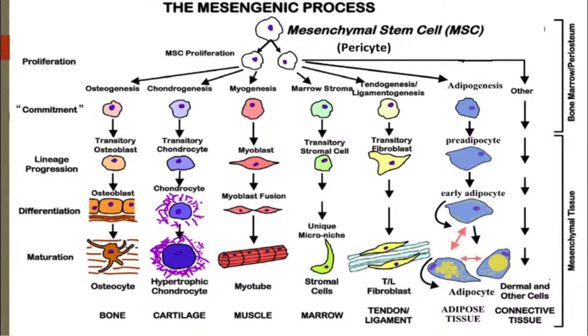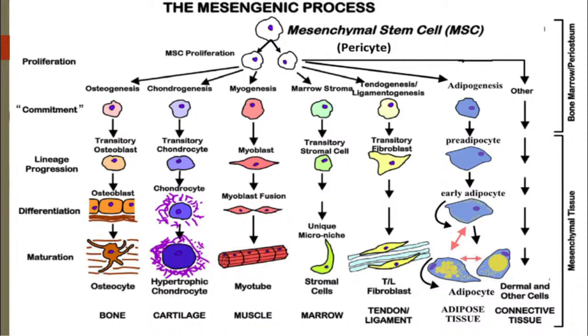Sometimes for tendon it is named tendinocytes. Adipogenesis, the formation of fatty tissue. Here we see the pre-adipocyte, early adipocytes, adipocytes of multi-vacuoles.